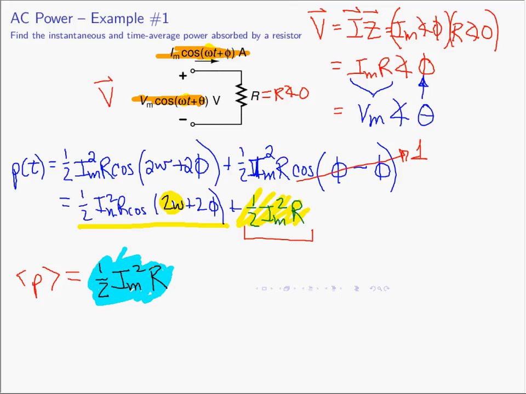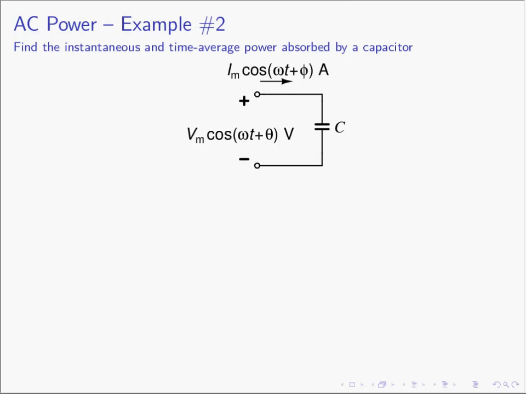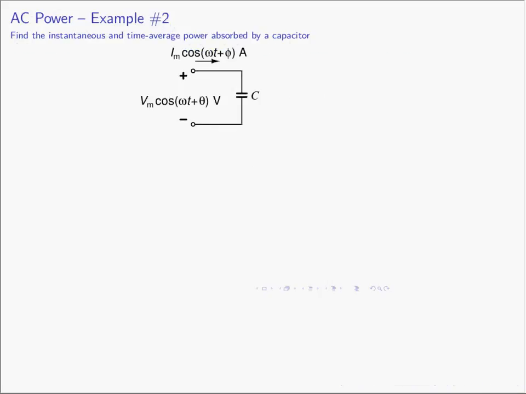Let's do another example. So let's take a normal ideal capacitor and let's direct our current into it and see what happens in the power sense. So remember that this is really going to be minus j 1 over omega c, or you could also write it 1 over omega c angle minus pi over 2. So what is the voltage that's created when I direct this current I into our impedance?